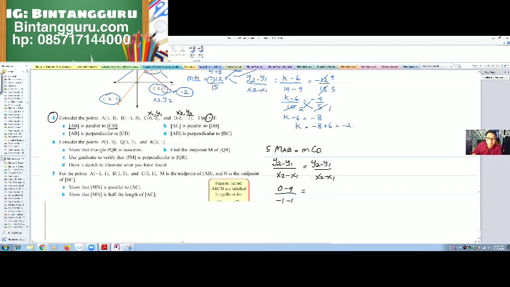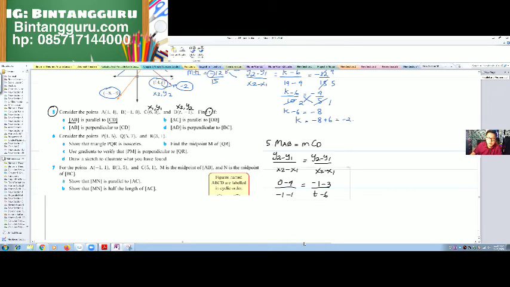So y2 will be minus 1 minus 3 over t minus 6. Okay, we have to find the equation. So 0 minus 4 will be minus 4 over minus 2 equal minus 4 over t minus 6.